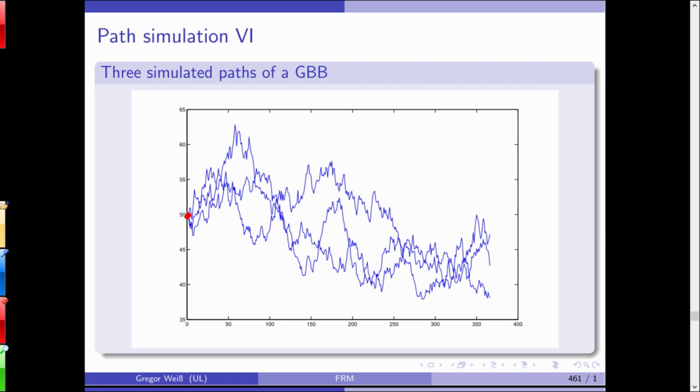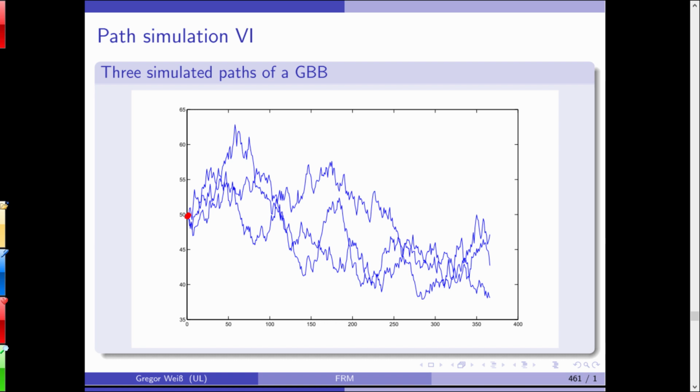You're simulating random numbers from a standard normal distribution, and there's no economic rationale to justify that this particular geometric Brownian motion with these parameters is explaining the stock price, but it's a well-suited and well-fitting econometric and statistical model. So we have 3 paths from a geometric Brownian motion.